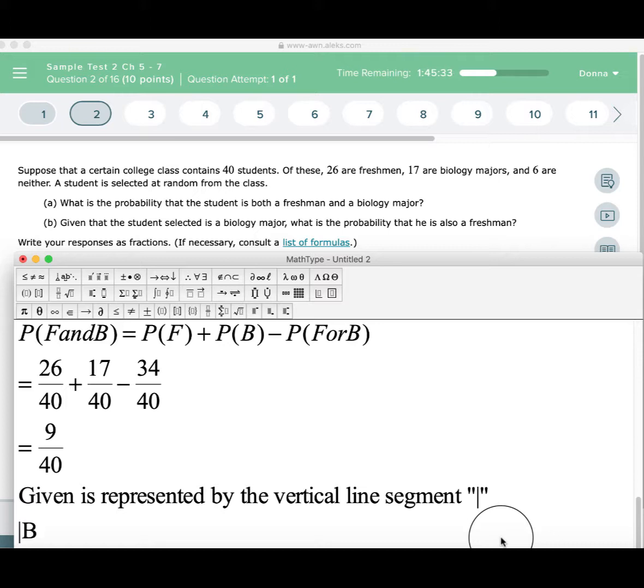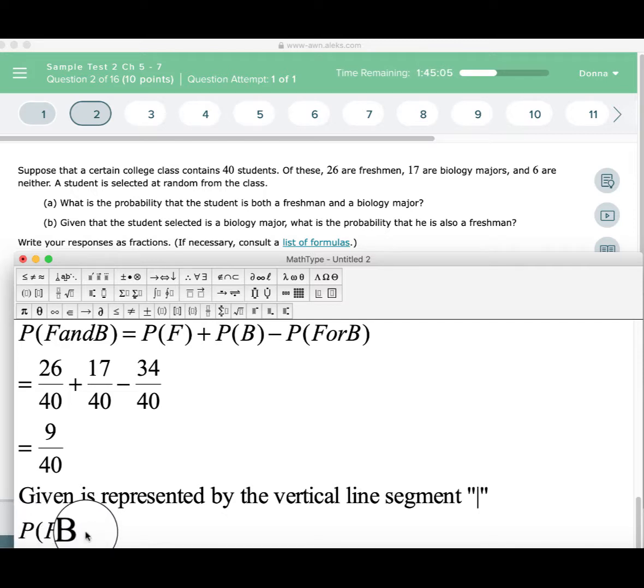So that's given B. And then it says, what's the probability that he is a freshman? Another way of saying it is, what is the probability that he is a freshman given that the student is selected as a bio major? But we've already captured the given bio. So to capture the probability, we use the P button and then F for freshman.